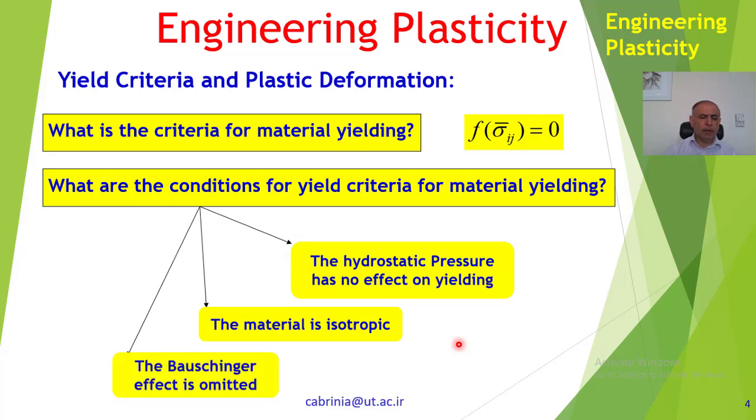The third assumption is that the Bauschinger effect is omitted. The Bauschinger effect, if you remember, was the effect that in loading and unloading the yield strength was not equal. When you applied a load and increased it in the uniaxial direction to reach the yield point and pass the yield point, then you unloaded the specimen and loaded it in the opposite direction, the compression direction.